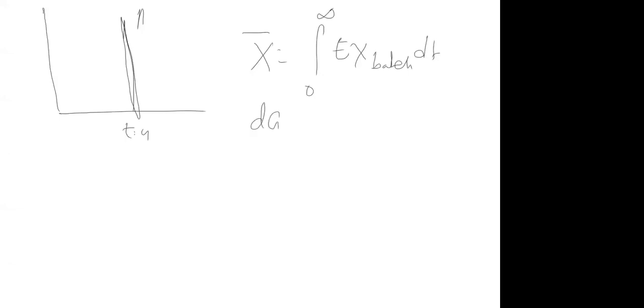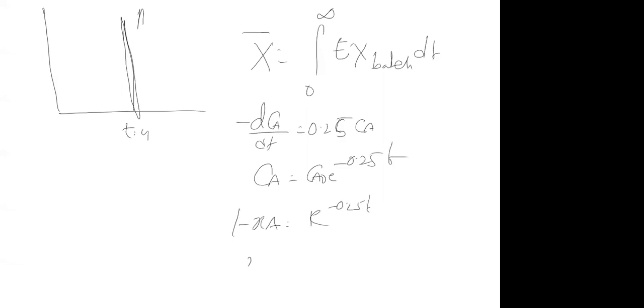Minus dCA by dt equal to 0.25 CA. If you solve this, you will get CA equal to CA naught into e power minus 0.25 into t. So 1 minus xA equal to e power minus 0.25 t, so xA is 1 minus e power minus 0.25 t.